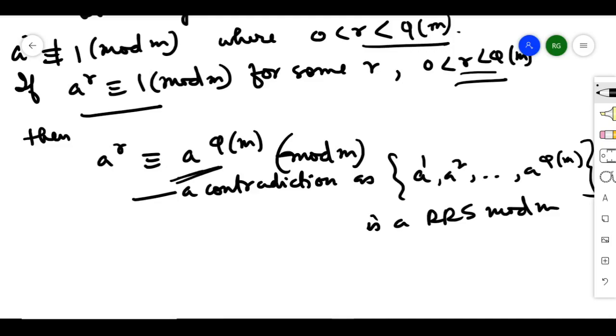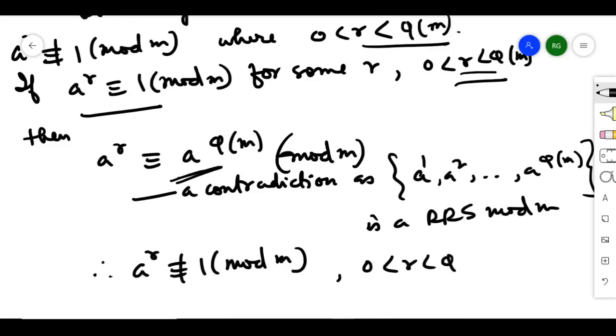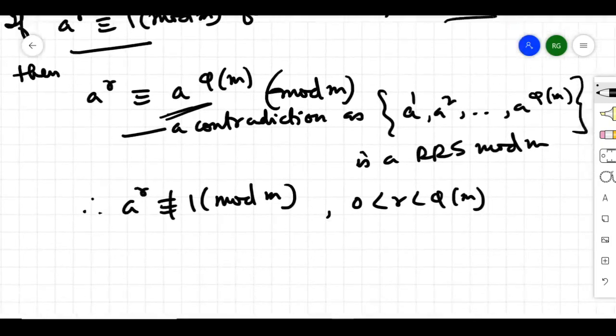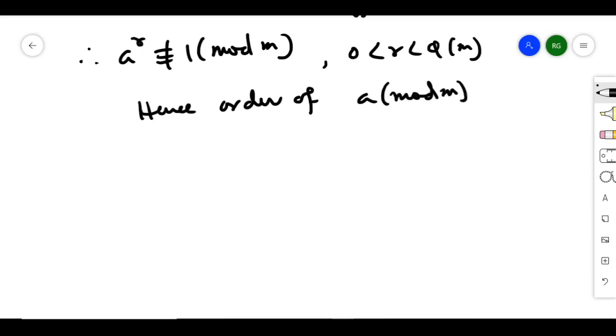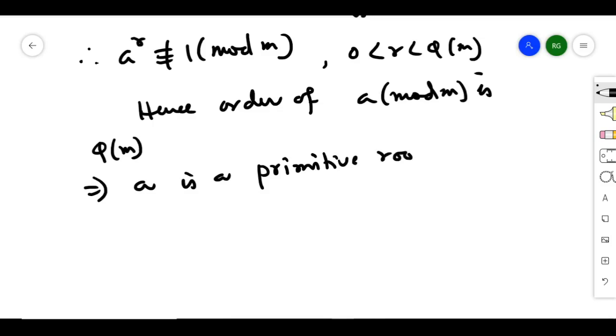So a to the power r is incongruent to 1 mod m, where r is positive but less than phi m. So phi m is the least positive integer for which a to the power phi m is congruent to 1 mod m, hence the order of a mod m is phi m, which gives that a is a primitive root of m.